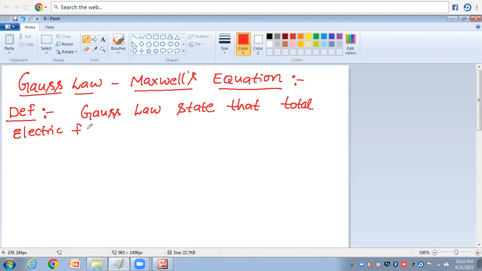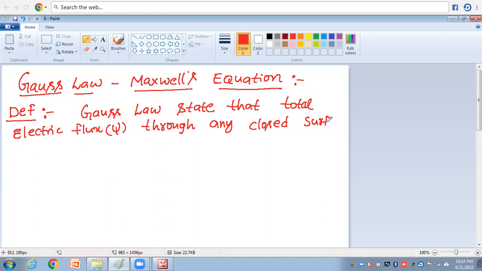While I am writing this law, please try to remember this definition. I will show the diagrammatical representation also, after writing this equation.